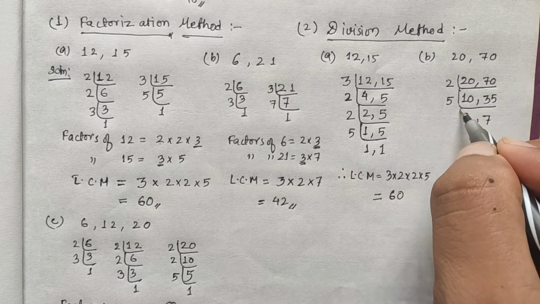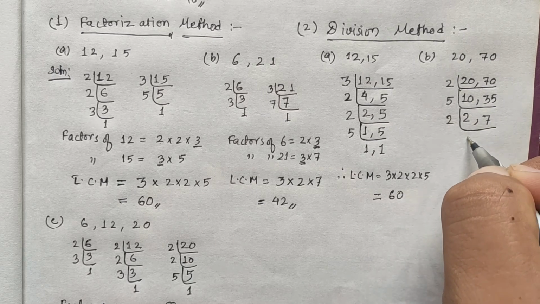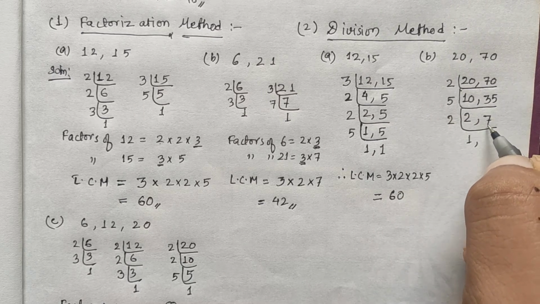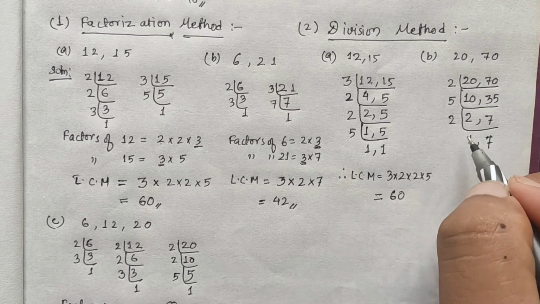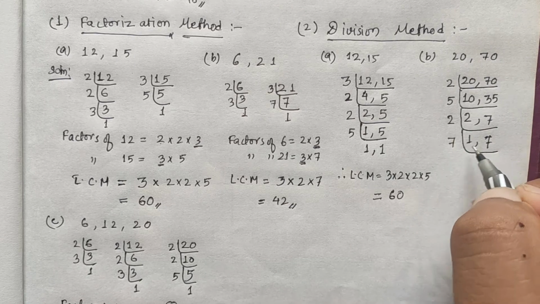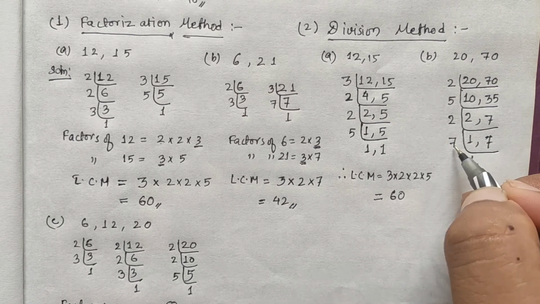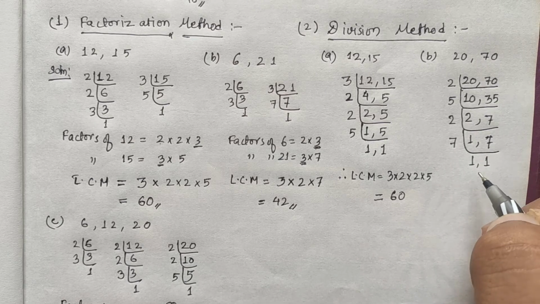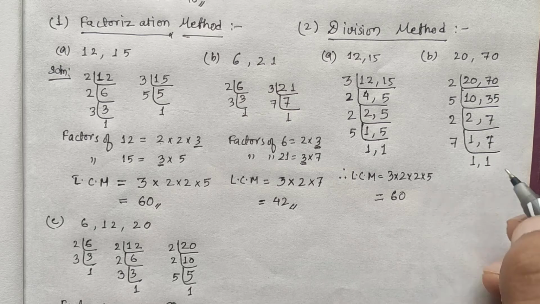Now these are prime numbers. So in this case they are not divisible by the same number. I will take 2 first, 1, and it is not divisible by 2, so it remains as it is. Then again 1, it is not divisible by 7, it remains as it is, and 7 times 1 is 7. Okay, you have to divide up to that time when the last line becomes 1.